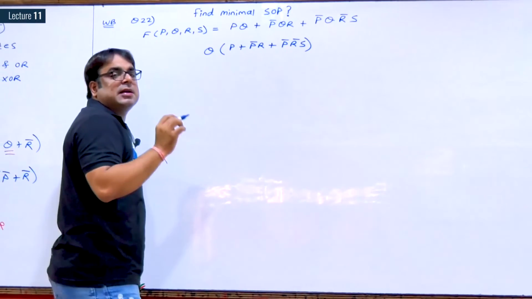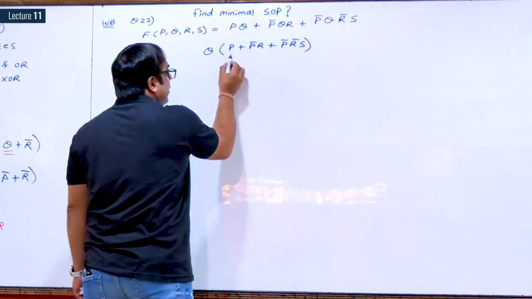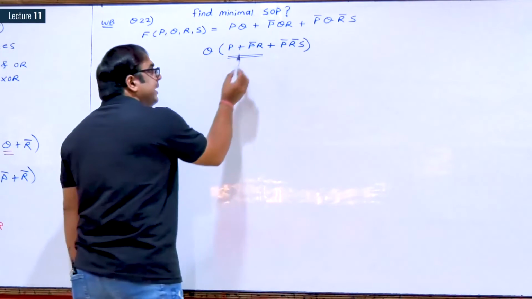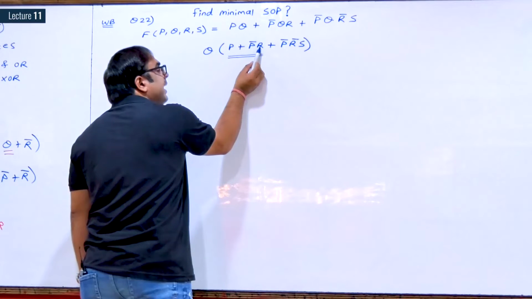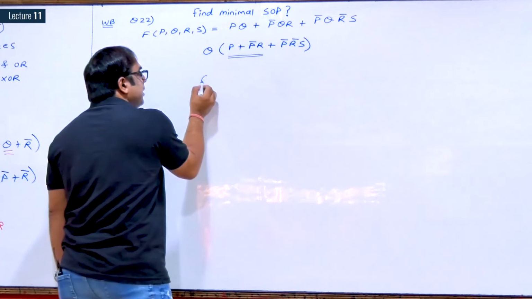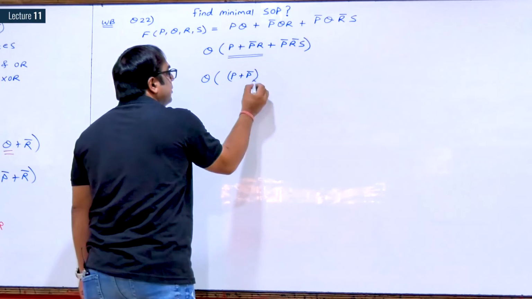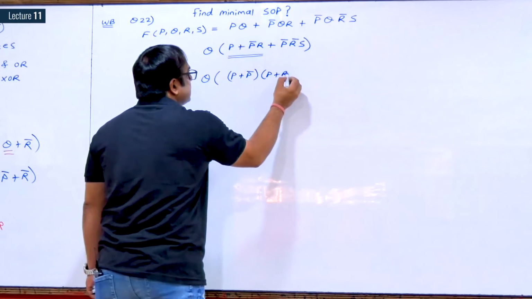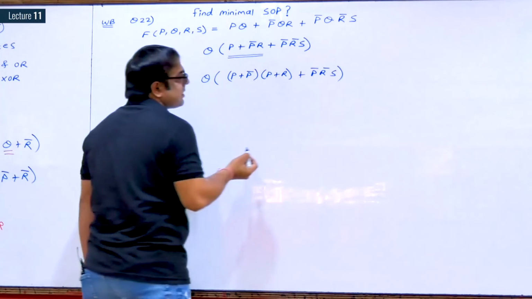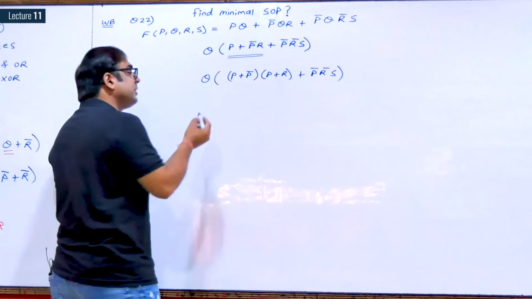Again and again I am saying distributive law will be the most important tool for you. Now, if I apply distributive law only in these 2 terms, it means I have to distribute P complement and R with P. So, this would become P plus P complement P plus R. See, I am writing all these steps just to explain you, otherwise in exam these many number of steps are not required.